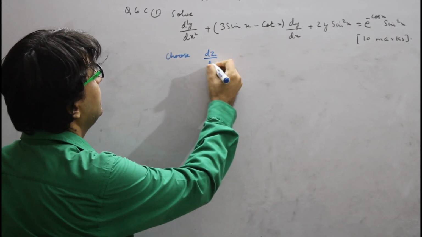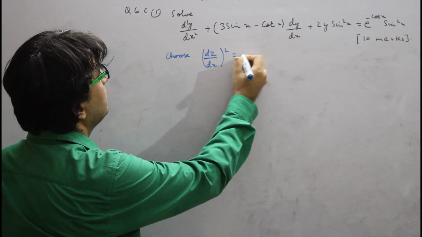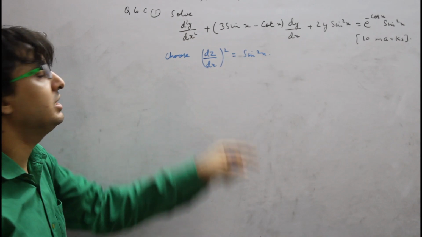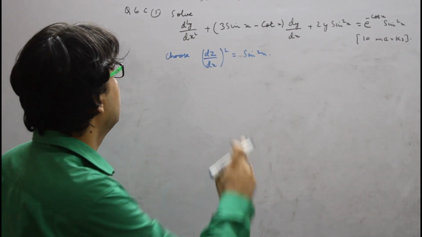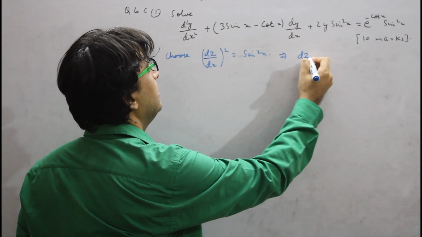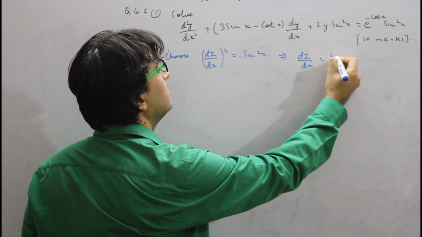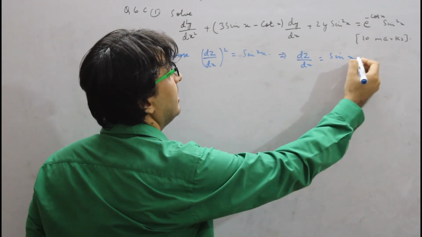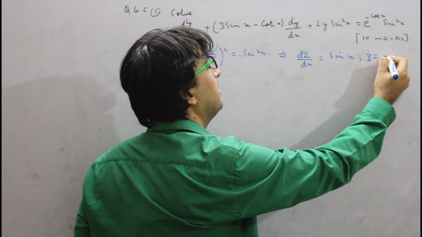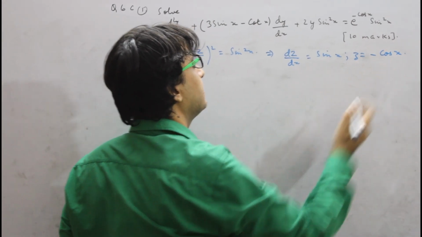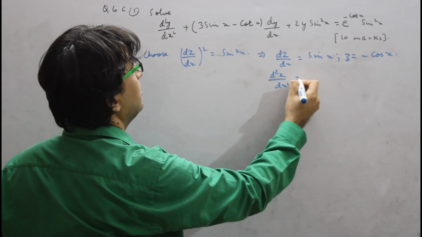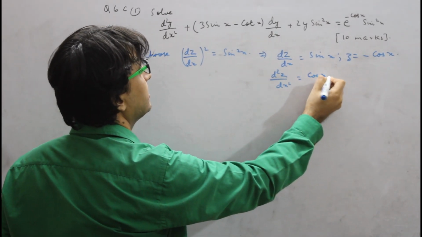(dz/dx)² = sin²x, because we are changing the independent variable in this method. So this is the algorithm for this. This can be written as dz/dx = sin x, and if we integrate, z = −cos x, and d²z/dx² is going to be cos x.